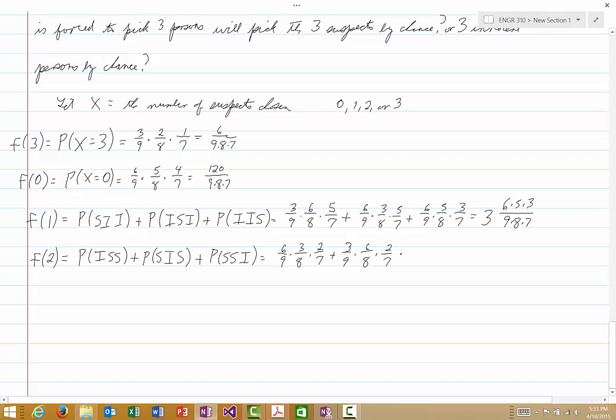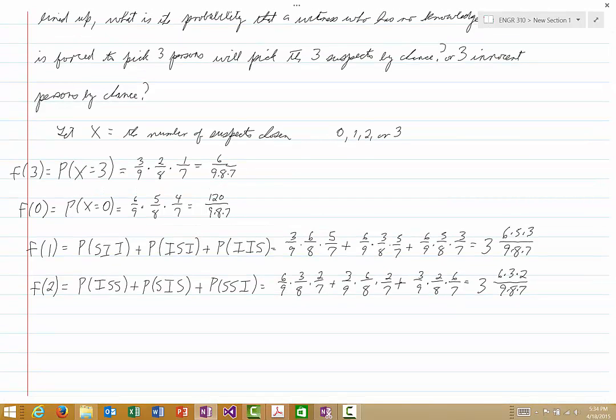And then finally, the probability of suspect, suspect, innocent is 3 out of 9, 2 out of 8, and 6 out of 7. And all three of these probabilities are the same. We always have 9 times 8 times 7 in the denominator, and 6 times 3 times 2 in the top. So we get 3 times 6 times 3 times 2 over 9 times 8 times 7.